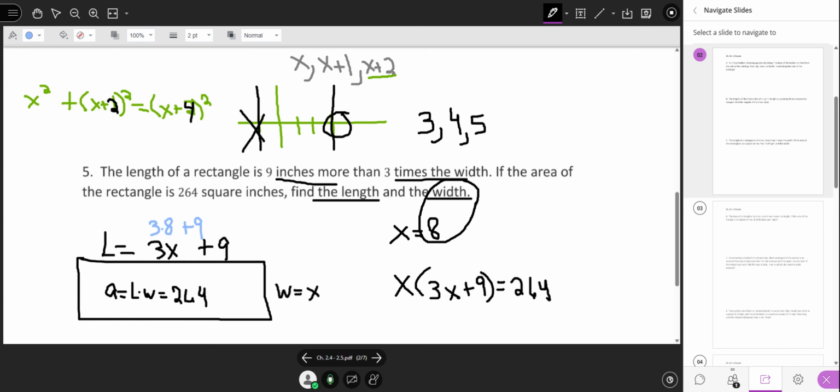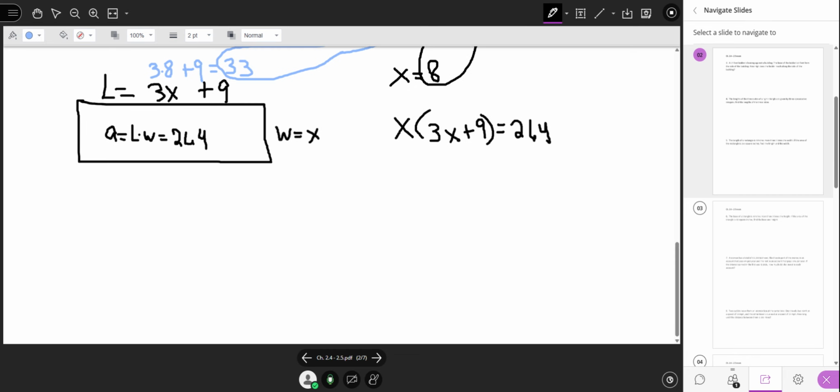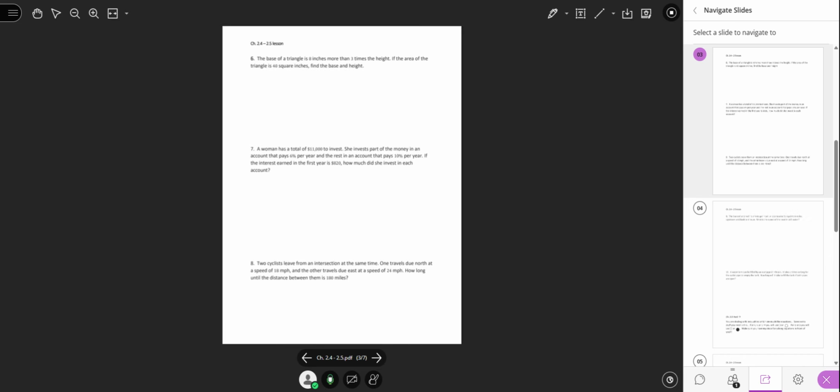So Mr. Goodbuddy tells us this is 33. So I think we are half done with 2.4. Yay!